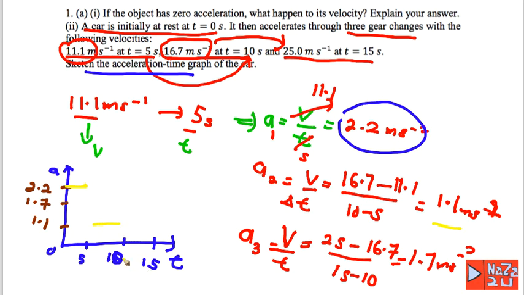And from 10 to 15 seconds the magnitude of acceleration is 1.7. Sorry, the unit here you must use is meters per second squared, and this is time t. So this is the graph of a versus t for question number 2.